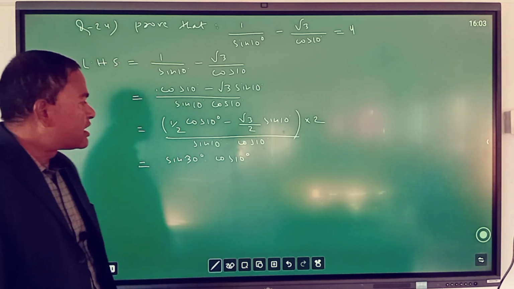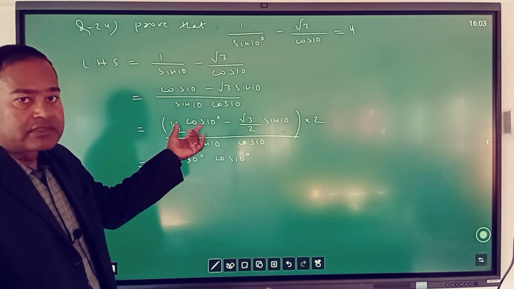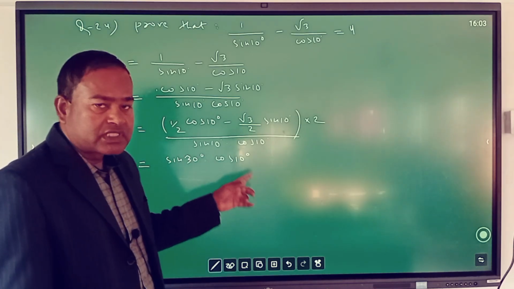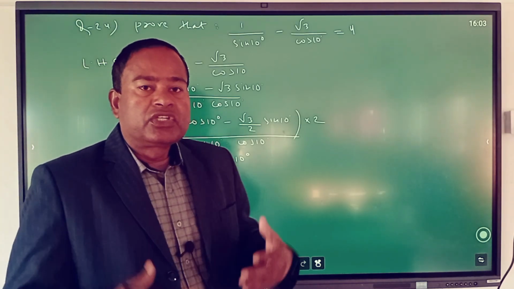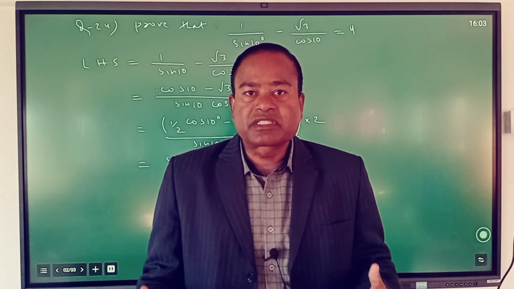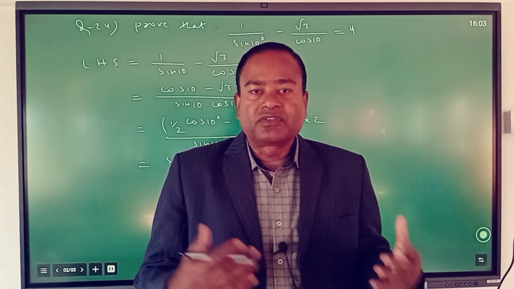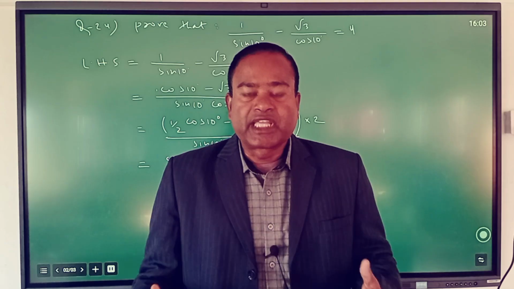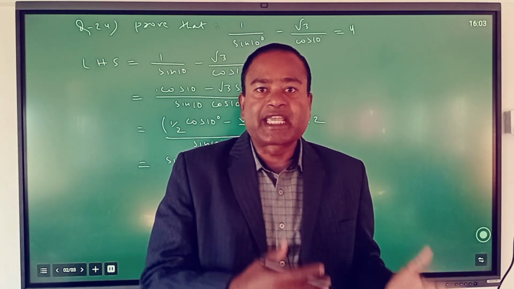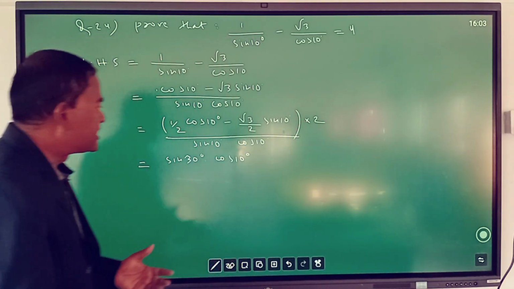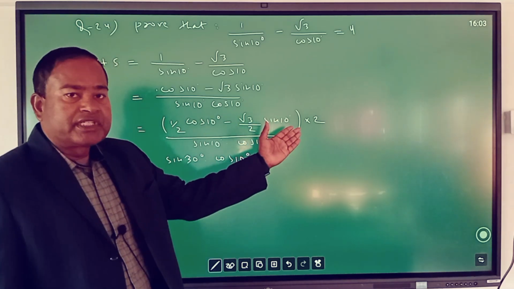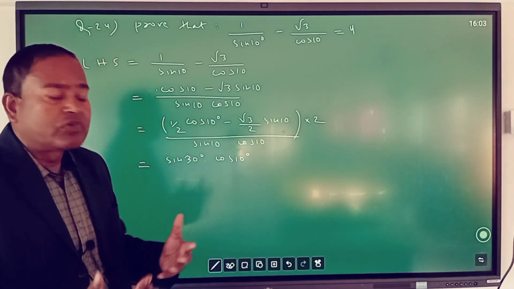So dear students, now the first term has been changed in the form of sin A into cos B. So our plan is to change the expression of the numerator in the form of sin A into cos B minus cos A into sin B, so that we can write it as sin A minus B. So our plan is changing the expression of the numerator in the form of compound angles.